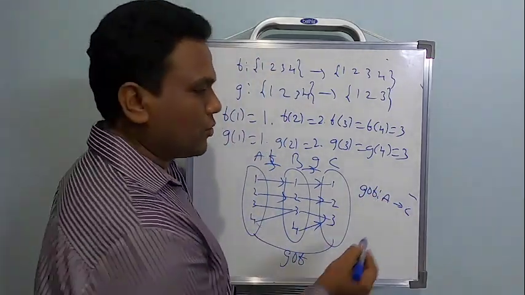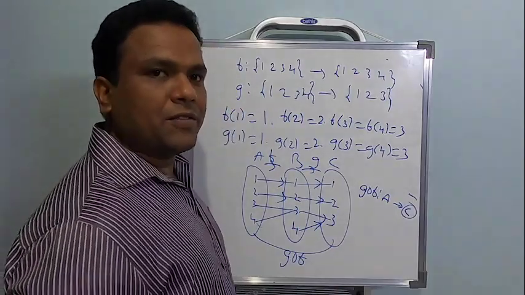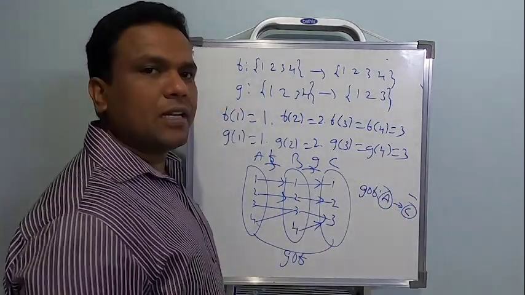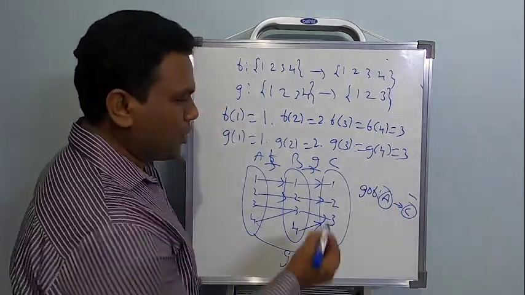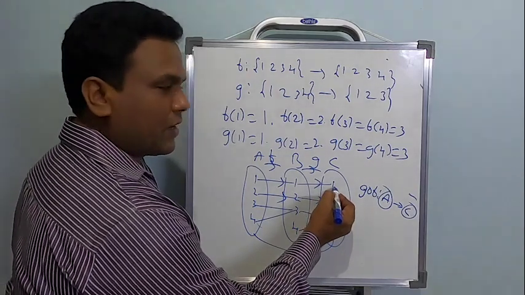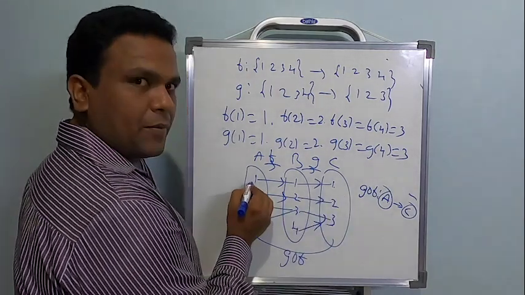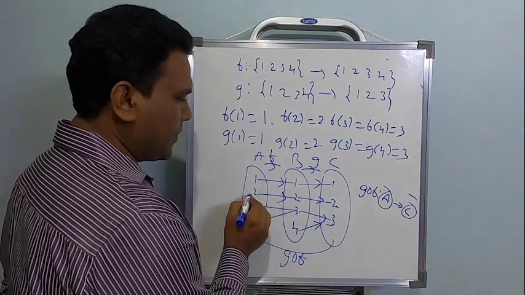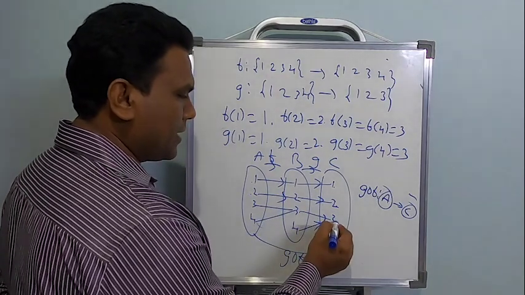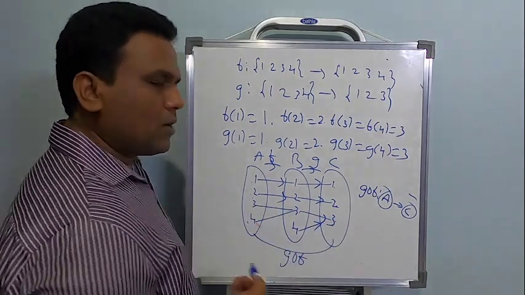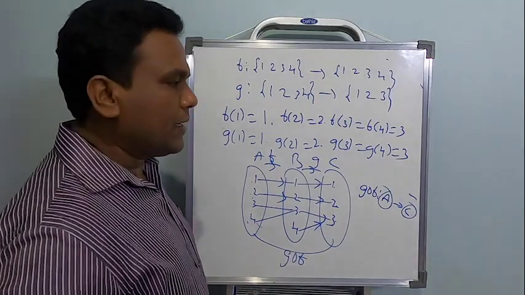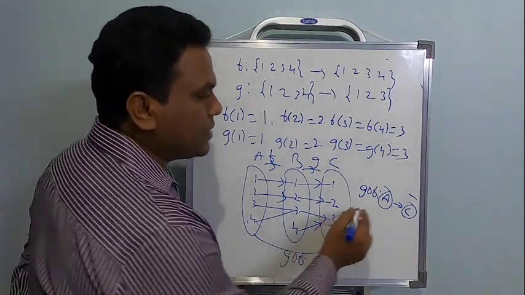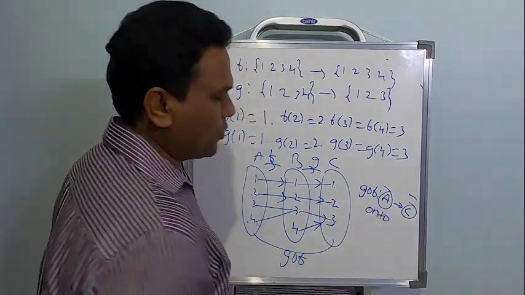So how to say it is onto? For every element of set C, we should be able to find at least one element in set A. Look here, in the reverse way, 1 has a pre-image 1, 2 has a pre-image 2, and 3 has a pre-image 3, and there are two of them, no problem.